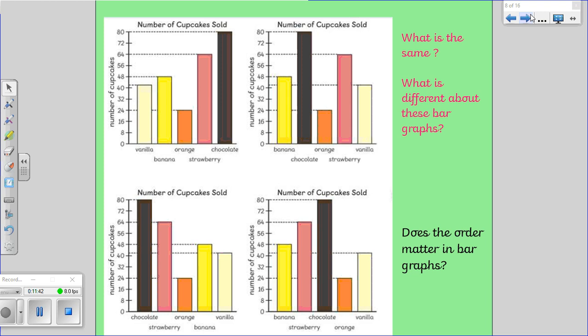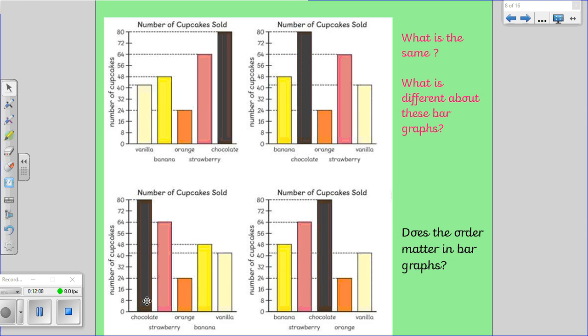So here is the same data again, all in bar graphs. And we can see that it's the same because we've got 80 for our chocolate, the amounts are the same. What is different about these bar graphs though? Well, what's different is they're all in different orders.